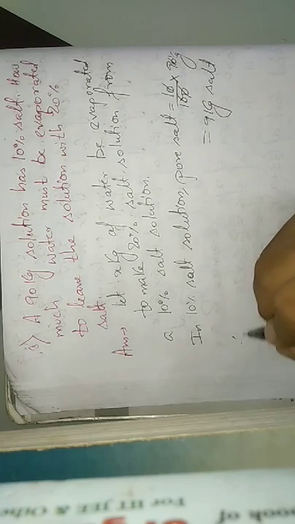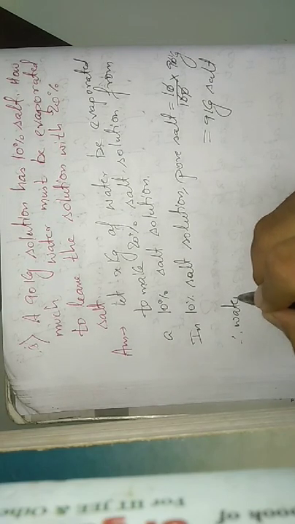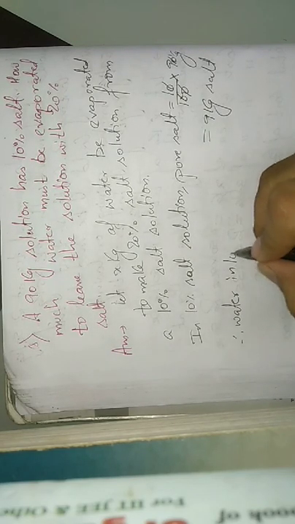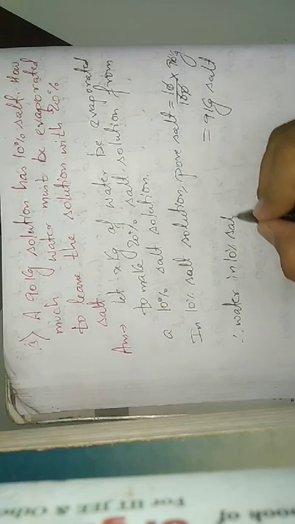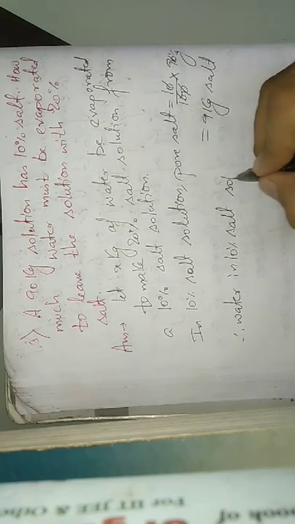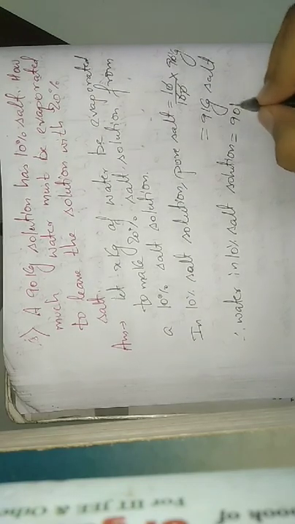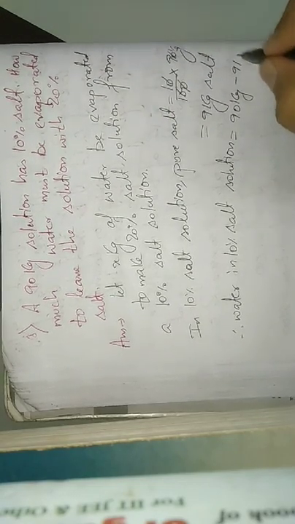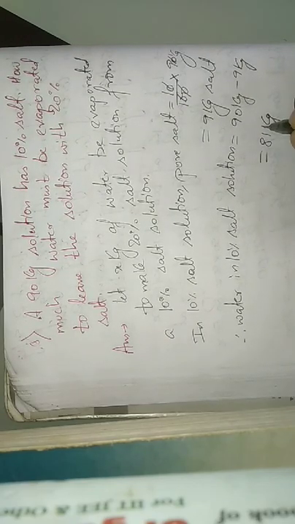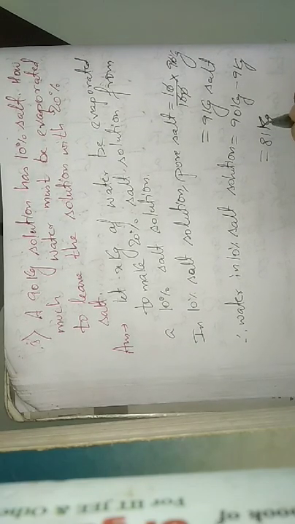Therefore the water content in the 10% solution is equal to 90 kg minus 9 kg, which is 81 kg. Okay, 81 kg water is there in the 10% salt solution.